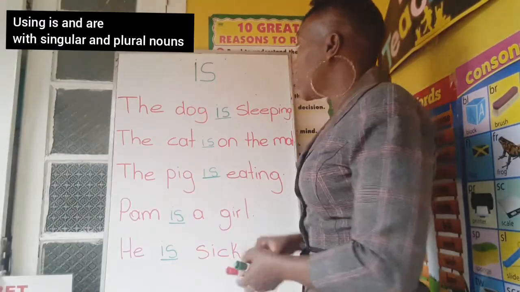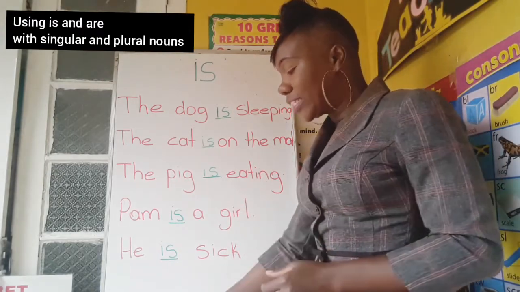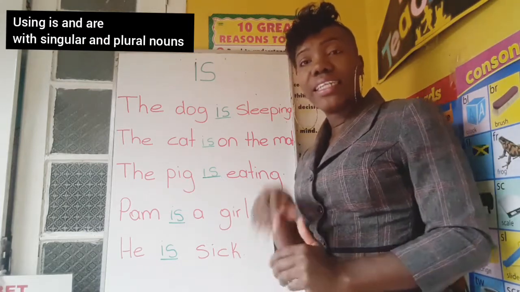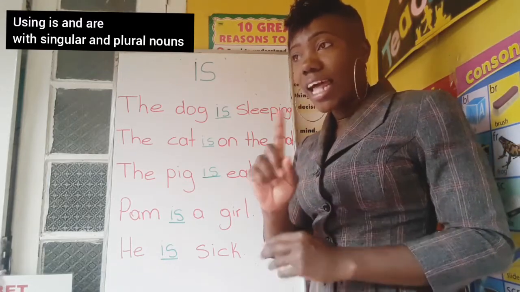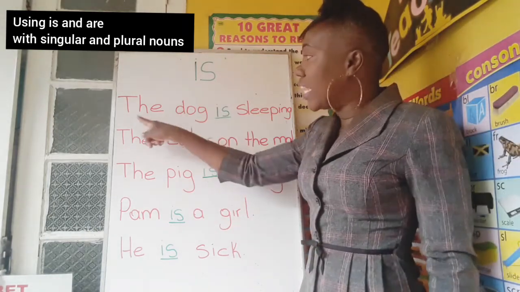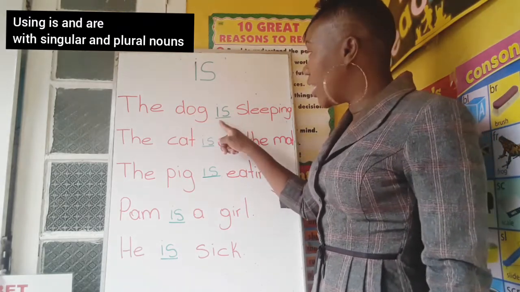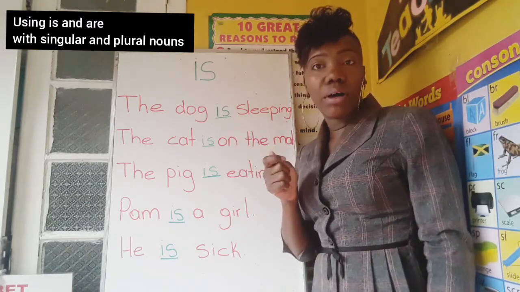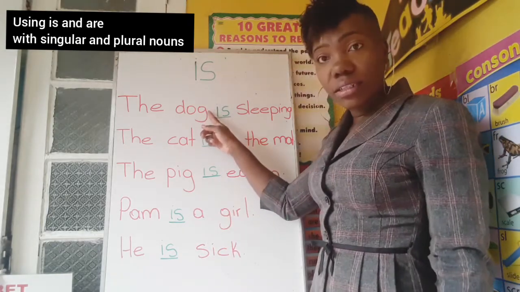Now here I have some simple sentences with the word is. So remember, we use the word is when we're talking about a singular noun. Something singular has to be one thing that the sentence is talking about. Now let's read the first sentence. It says, the dog is sleeping. Now, what is this sentence talking about? The dog. And how many dogs?